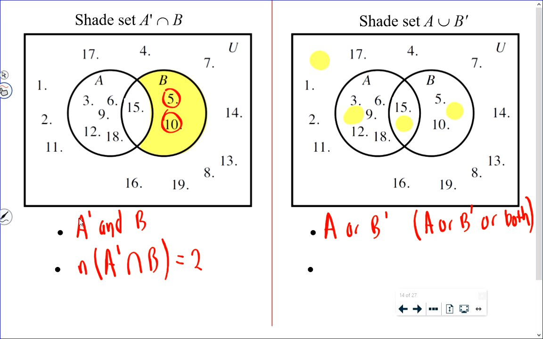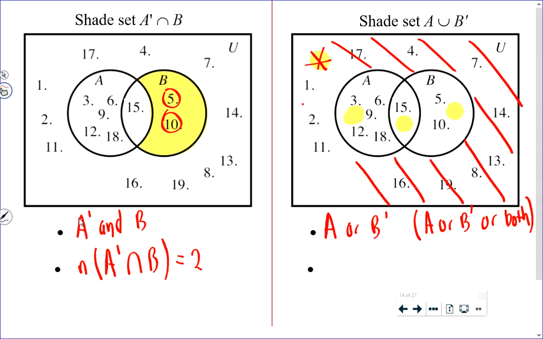So I'm going to ask you to focus your attention on this region. Are all of the elements in this set A? No, they're not. None of them are A. But are the elements in this set not B? Yes. Every element in that part here is not B. And that means it's in this set of A or not B. So that's going to be part of what we shade.